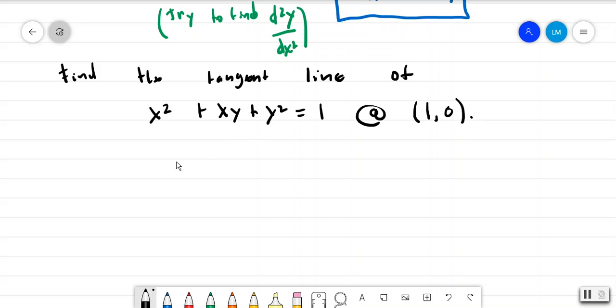For this one we have to find the derivative on both sides.